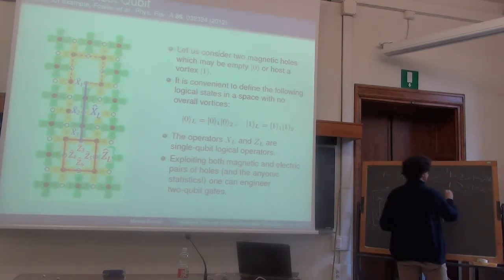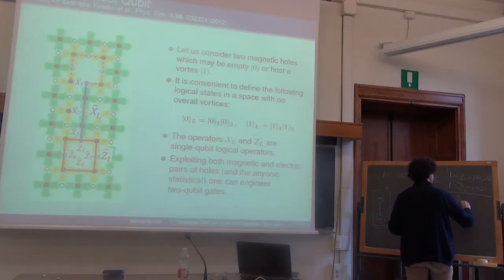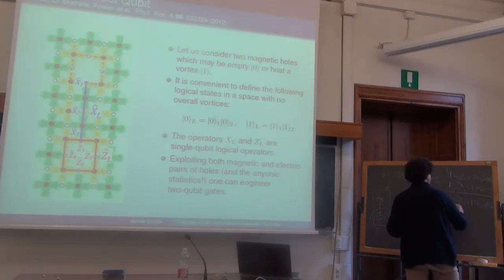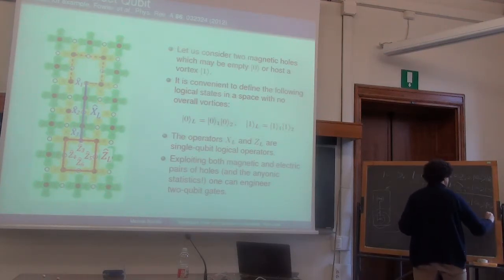At the same time, for the second qubit, I can define the 0 of the second logical qubit as having 0 electric charges and 0 electric charges, and the 1 is instead having electric charge and electric charge.